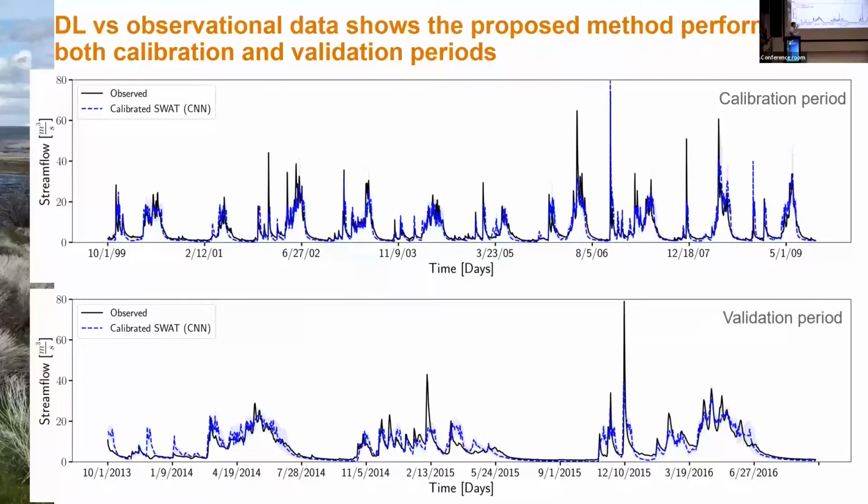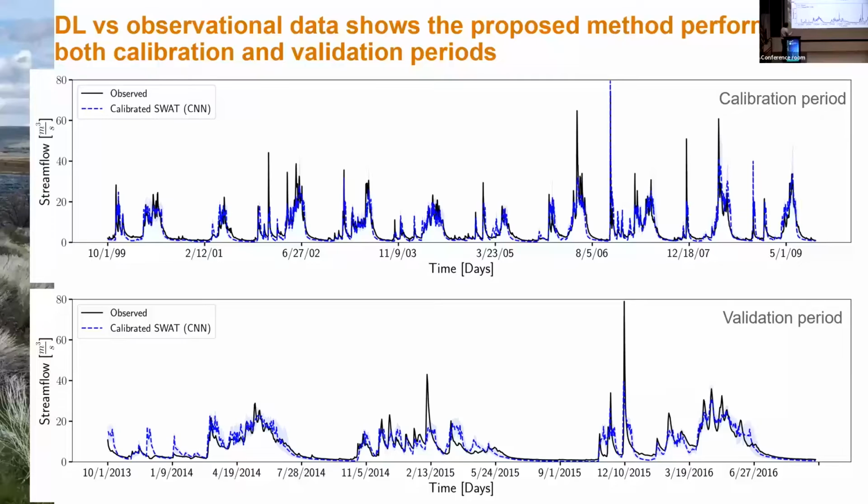Now, how do the ML model calibration results compare with the observational data? The top row shows the calibration period. The dashed blue line represents the best calibrated model, and you can see a slight light blue color; those are the other next best models.